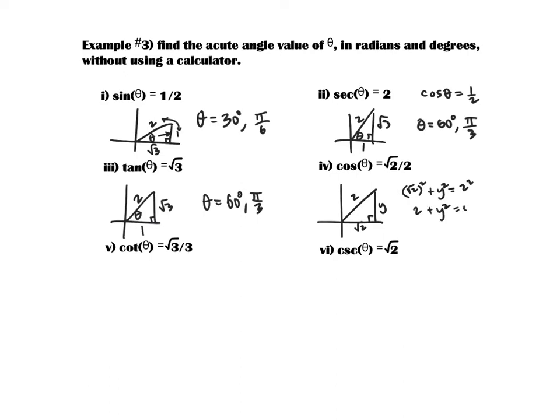Y squared and 4. So y squared, if I subtract 2 from both sides, is 2. So y equals square root of 2. Okay, now if you look at that, that is a 45, 45, 90 triangle, right? Those two legs are the same length. Therefore, theta equals 45 degrees, or pi over 4 radians.